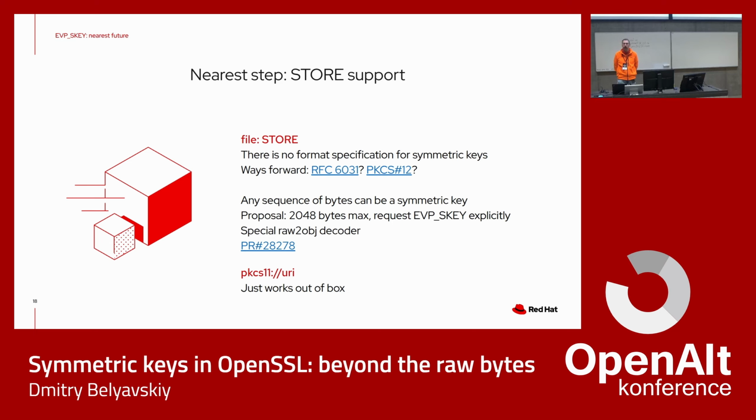When I say key this time, I mean both symmetric and asymmetric keys. After that, you use this object in the normal way with all the EVP API. I have implemented a pull request. It's waiting for review. I hope it will be reviewed relatively soon.